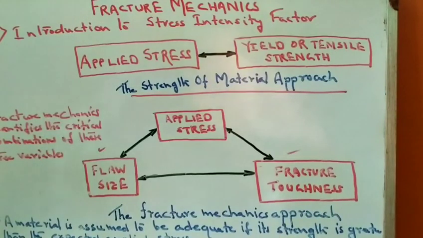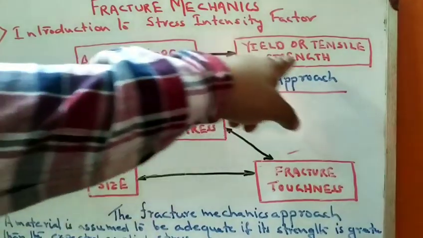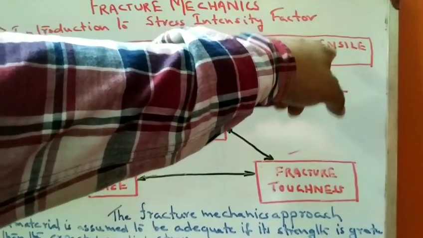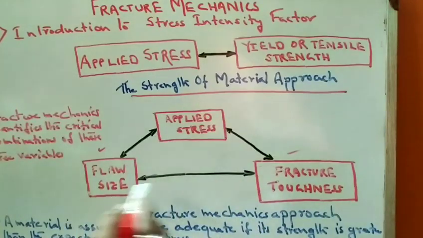Flaw size and fracture toughness replace the strength as the relevant material property. In place of the strength, these two terms have come. Fracture mechanics quantifies the critical combination of these three variables.